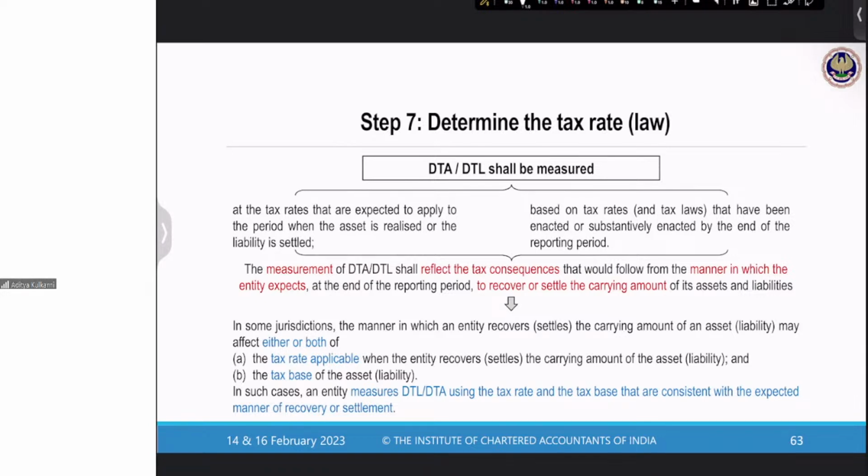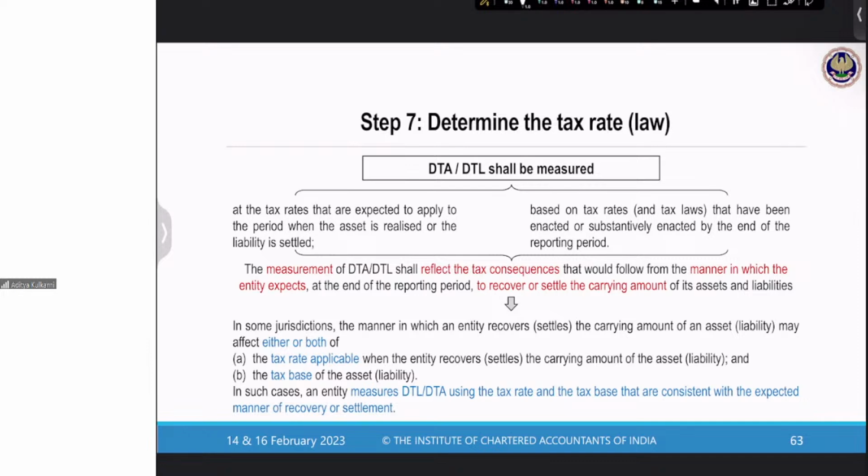If the budget prescribes a new rate, it is effective for the financial year 23-24, that is assessment year 24-25. So I know for sure the tax rate at least for the next one year, and I will use that tax rate to account for my deferred tax accordingly.